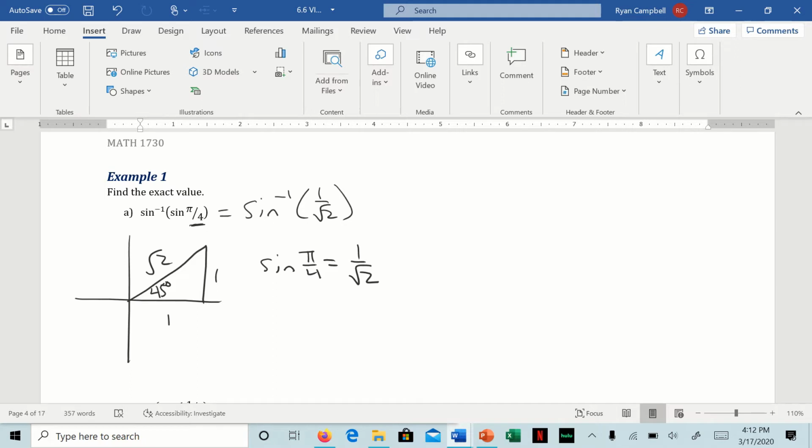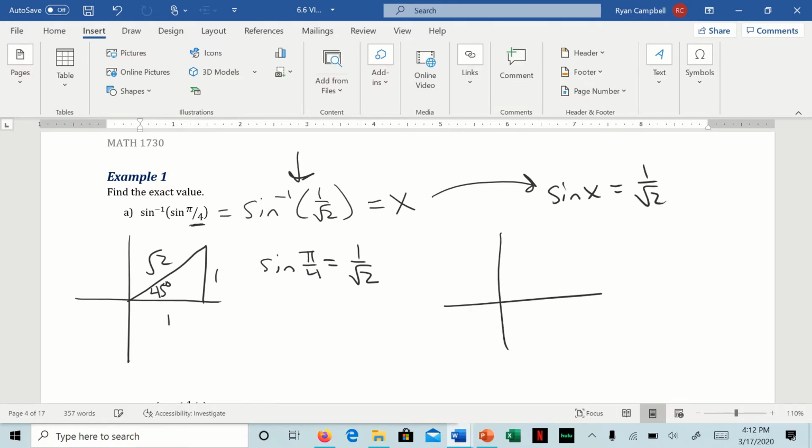So then basically we're trying to figure out what this is equal to. Another way to write that, using sine, we could say sine of x equals 1 over square root of 2. Sine of what is 1 over square root of 2? And since we have inverse sine, we know we're only going to be between the first quadrant and the fourth quadrant.